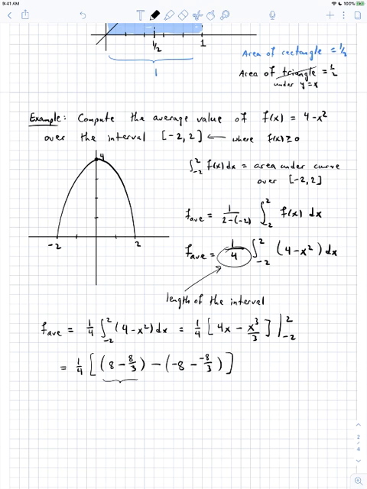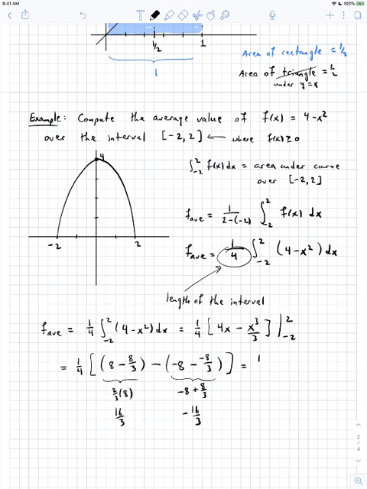So 8 minus 8/3 is, well, that's a full 8 minus a third of an 8, which is 2/3 of 8, or, in other words, 16 over 3. This is very similar because now you have minus 8 minus a minus, so that's minus 8 plus 8/3. So this is going to give you minus 16 over 3.